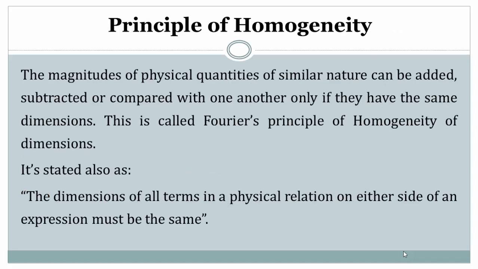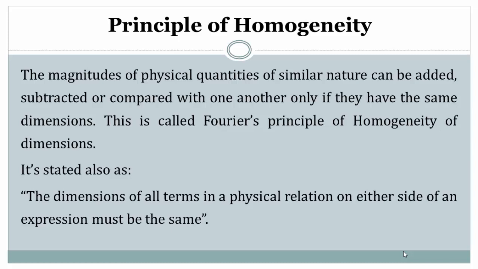Let us understand what is principle of homogeneity. The principle of homogeneity states that the dimensions of all terms in a physical relation or in an equation on either side must be the same.